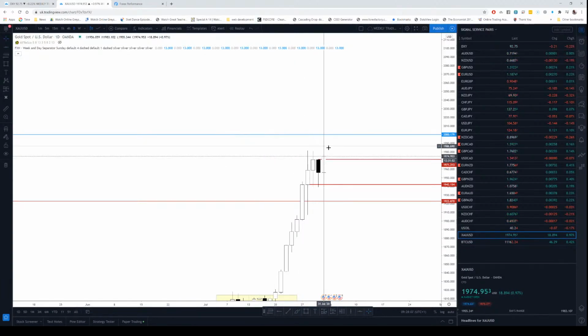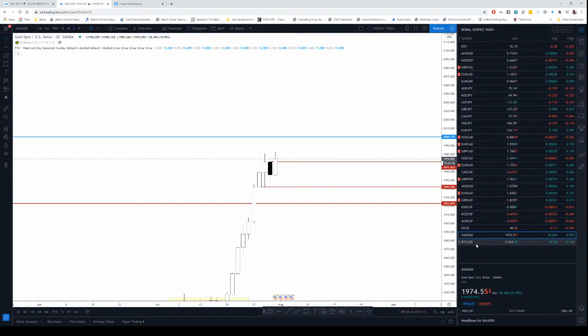So if we close as we are today, Monday, look for a long for 2000. But we need to close first, because if we don't close, it means we're going to stay sideways. But if we do close this candle here, my members, you know what it is, so you can take advantage of that.